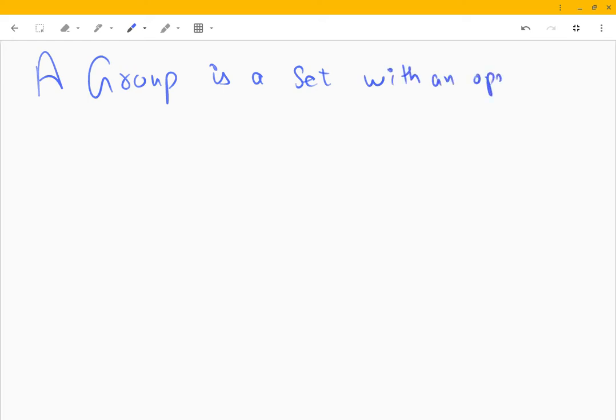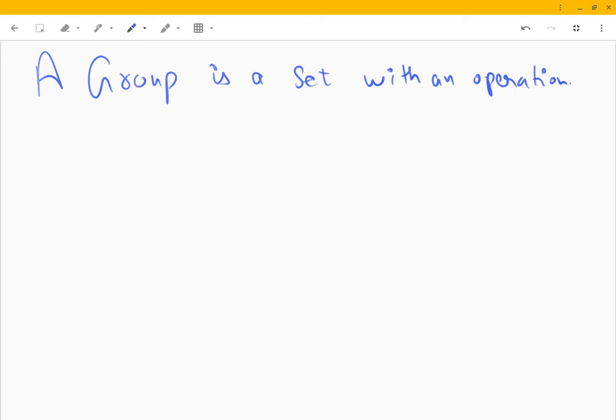Let's begin. A group is basically a set, right? A group is a set with an operation defined on it. With an operation, okay?